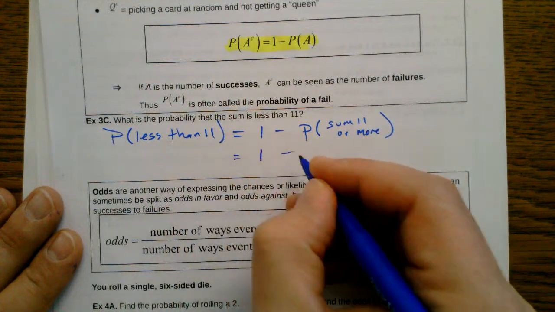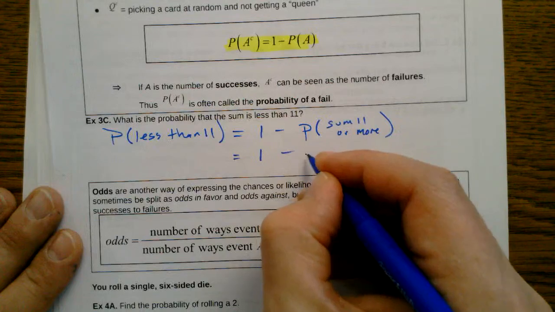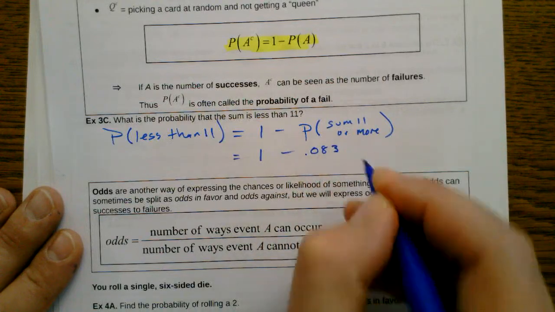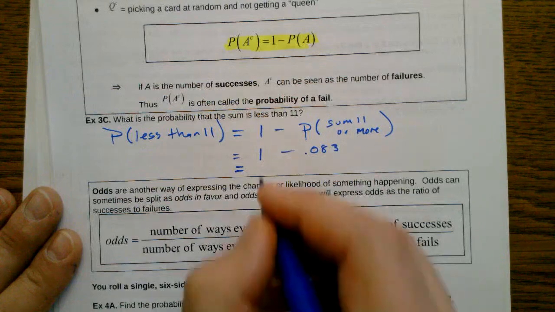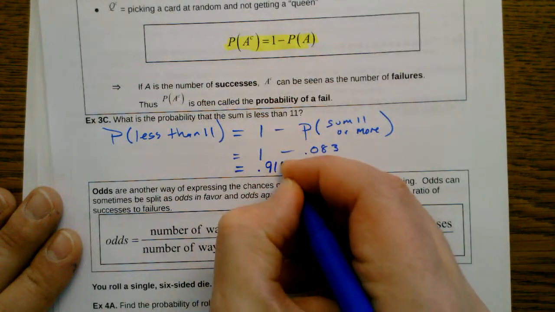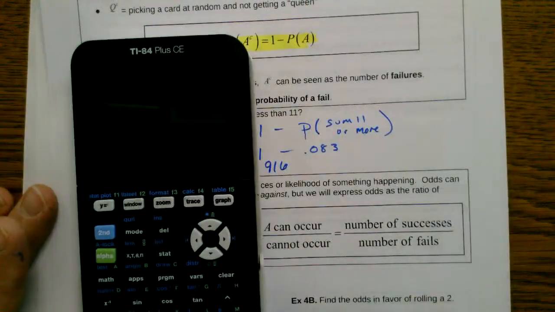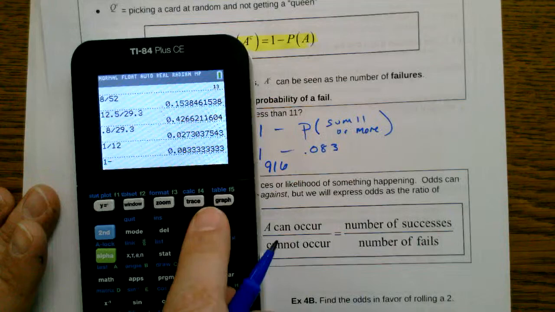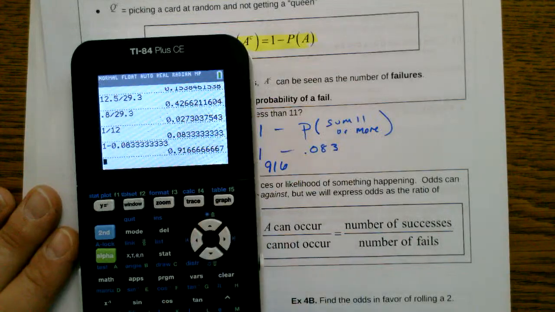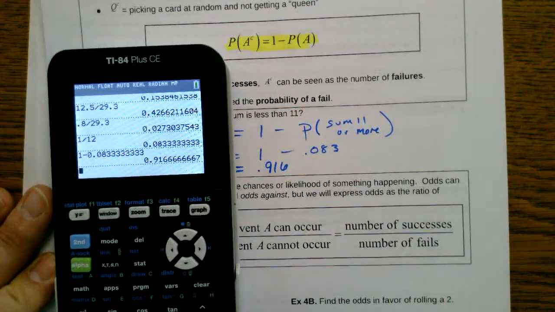And in our last example, we had that probability was 0.0833. Well, that gives me 0.916 in the calculator if I take 1 minus that previous answer. There we go. That's where I'm getting that number.